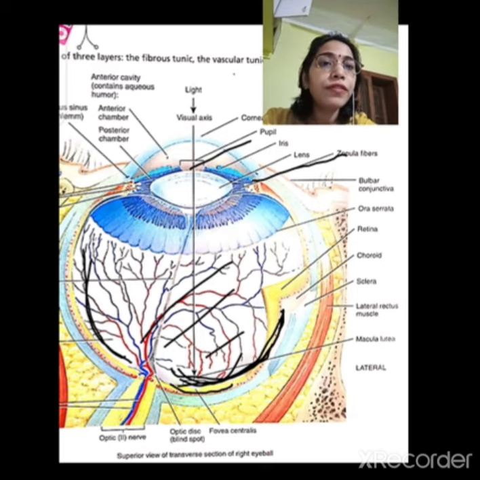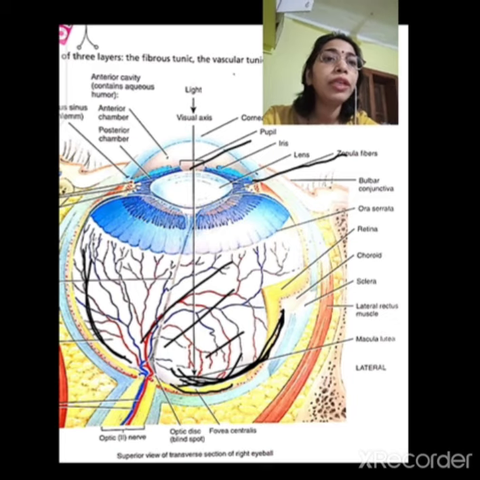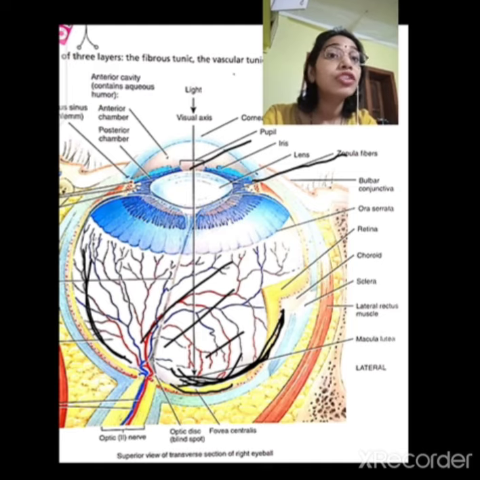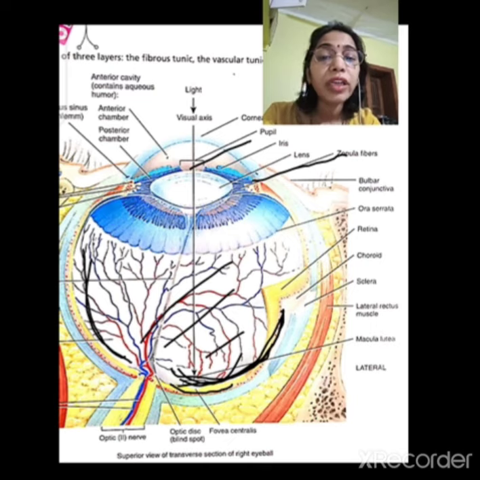The surface of the retina is the only place in the body where blood vessels can be viewed directly and examined for pathological changes. The blood vessels here are so superficial that you can see them from the surface.